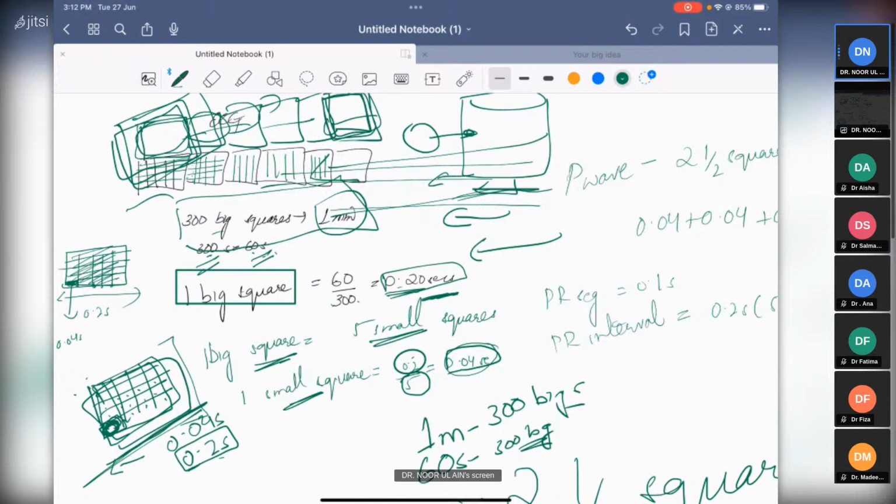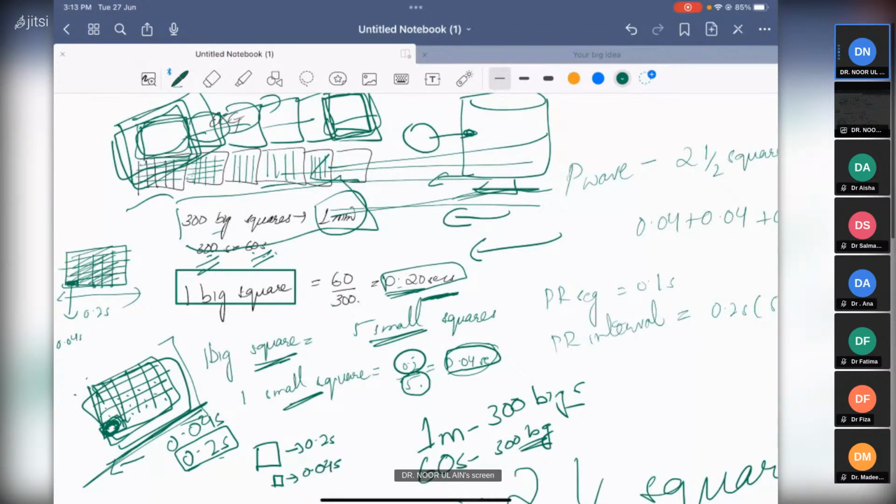You divide 0.2 by 5 and what you get is 0.04. So a big box is equivalent to 0.2 seconds, and a small box is equivalent to 0.04 seconds. Is that clear? Why am I telling you this? I will tell you, you will understand. You need to know what is one small box and what is one big box.